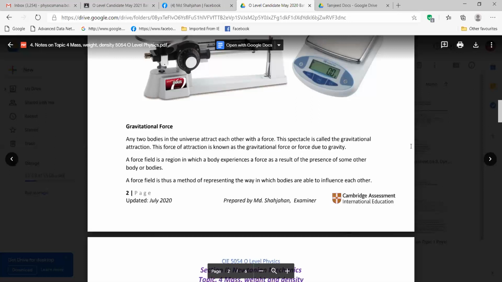In comparison to the universe, these are very close. That's why you have gravitational attraction between both of you, but you are not experiencing that one. That's so small that it's negligible. That's why you are not feeling that one.